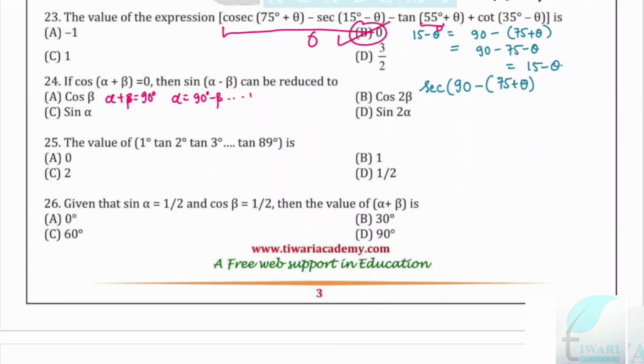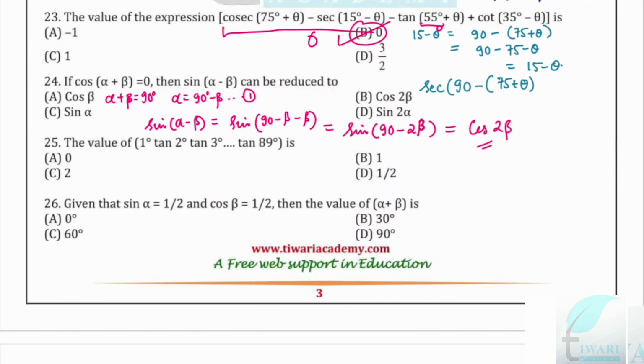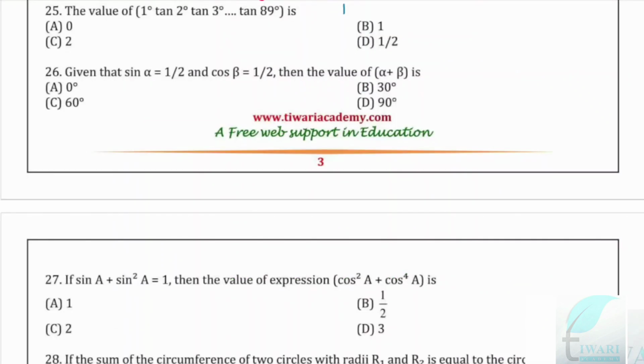Putting this equation 1 value in alpha minus beta, sine alpha minus beta can be written as sine, instead of alpha I'll put 90 minus beta, that is equal to sine 90 minus 2 beta, which is in the form of sine 90 minus A, that is equal to cos A, cos 2 beta. So the answer is cos 2 beta.